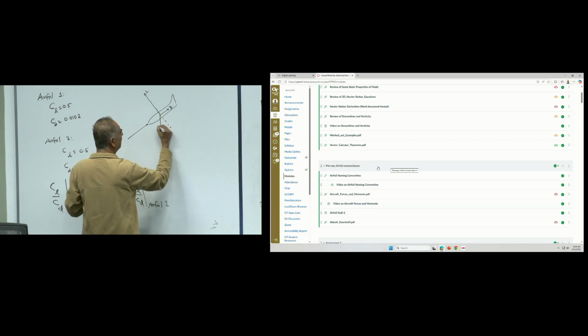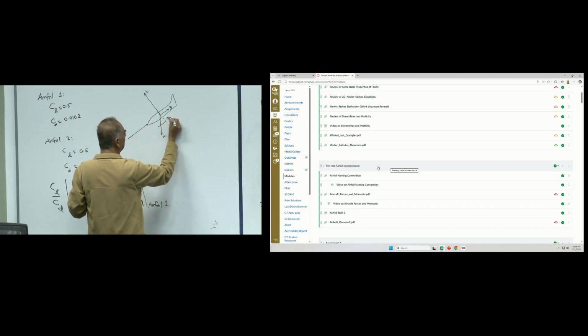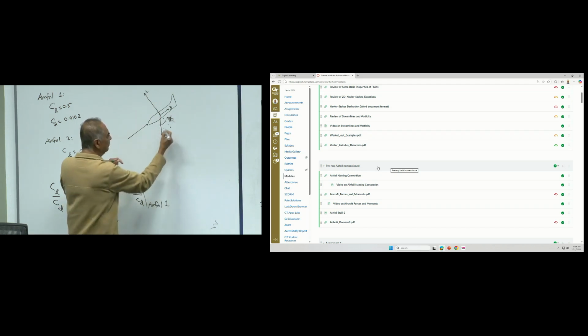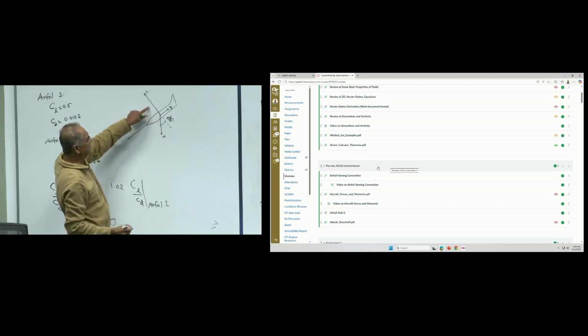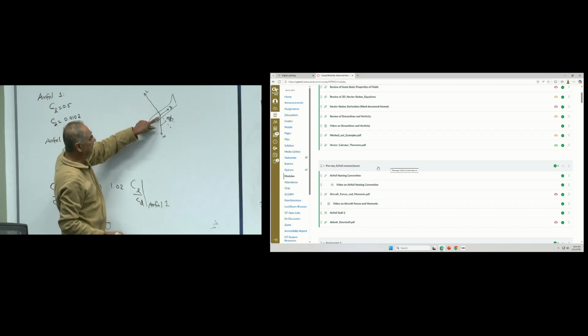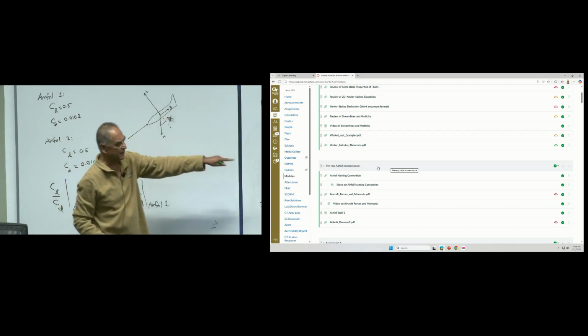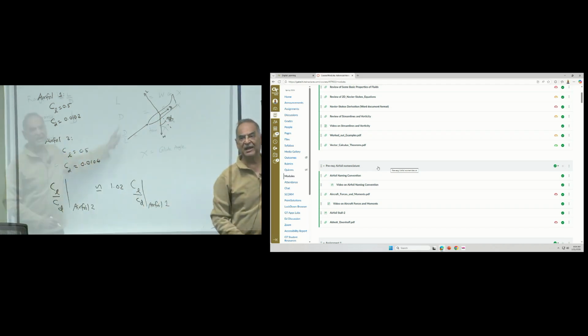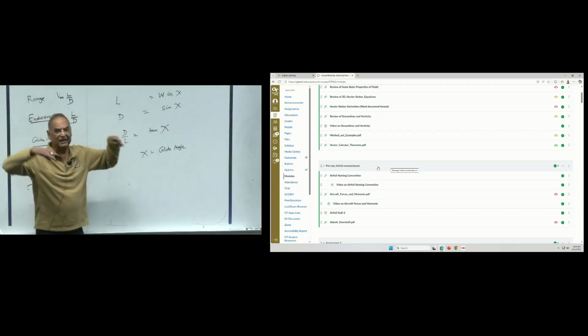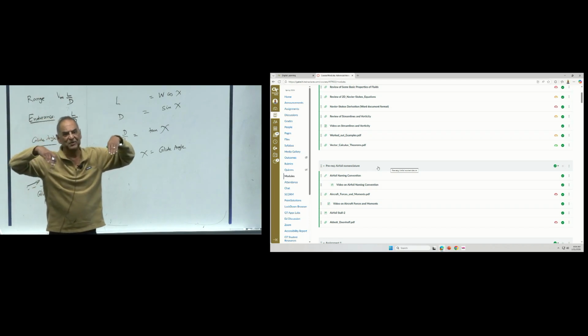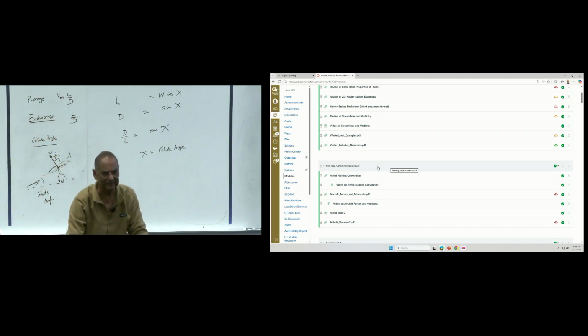So this angle is called chi, the glide angle. So weight times cosine of chi is the lift, weight times sine of chi is the drag. So if the drag is very high, then the glide angle will be very high, okay? So you will descend very, very steeply, okay?